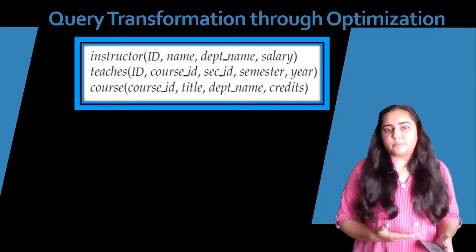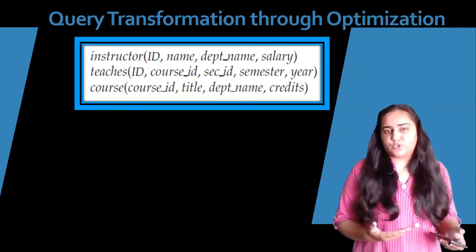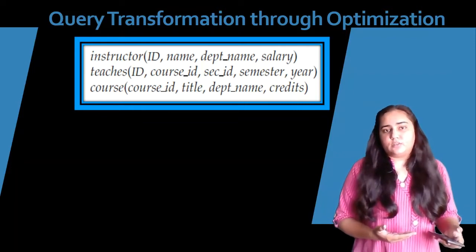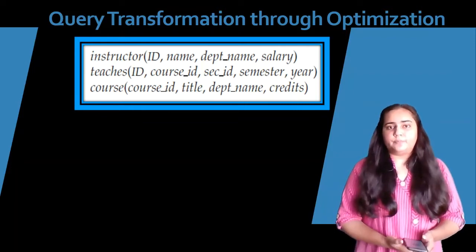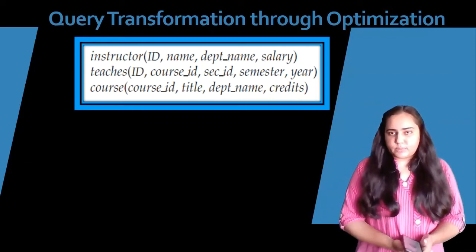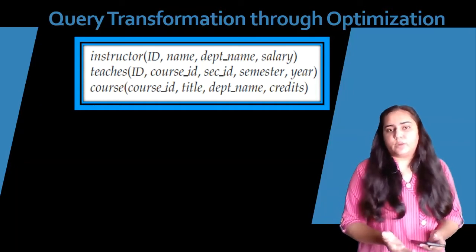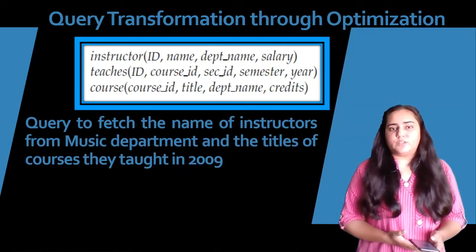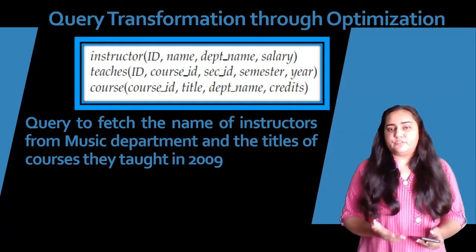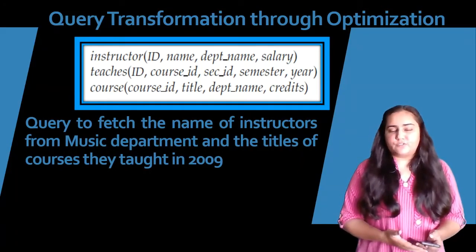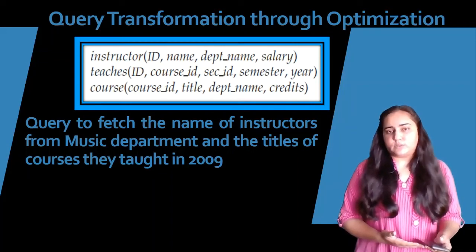The teachers table combines instructor through the ID and the course through the course ID. So that is how these three tables are, and we are going to write a query for this question: a query to fetch the names of instructors from the music department and the titles of courses they taught in 2009.